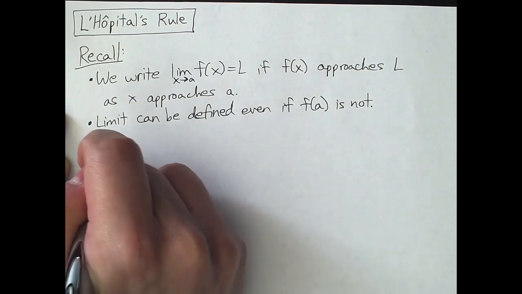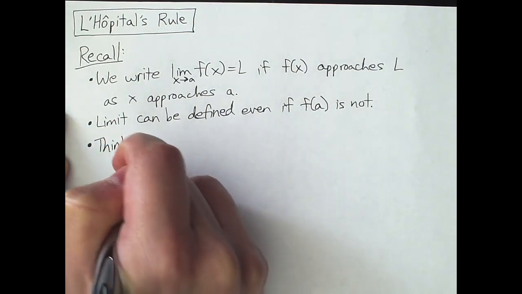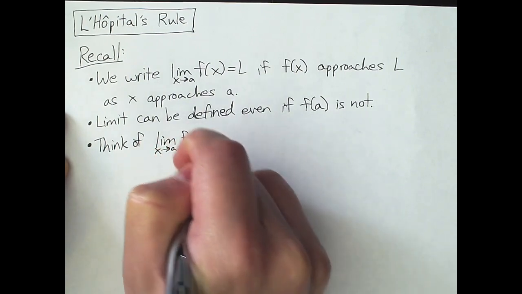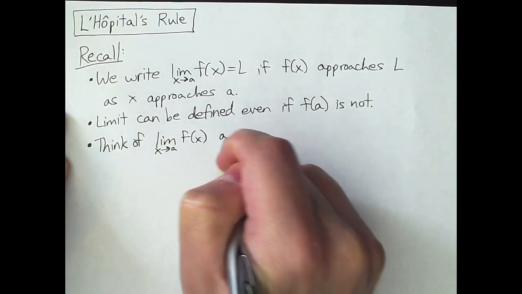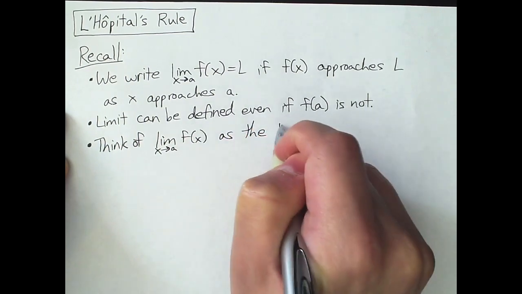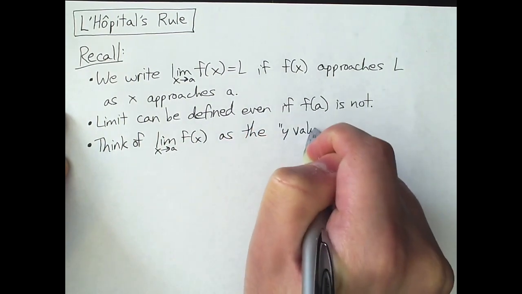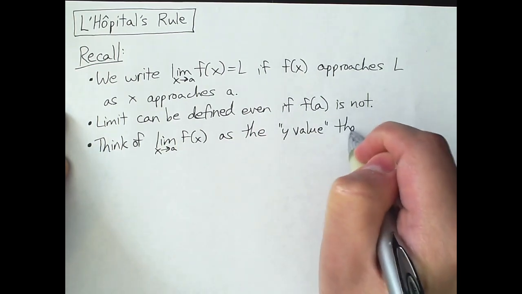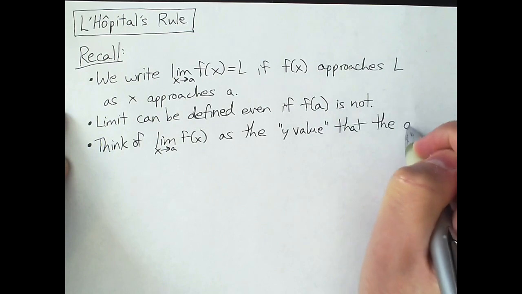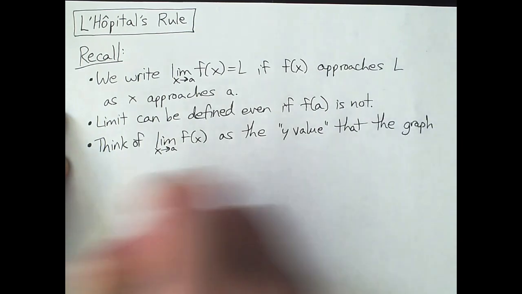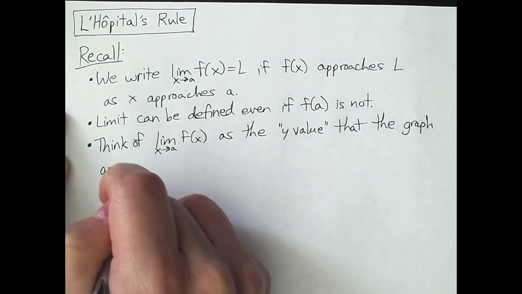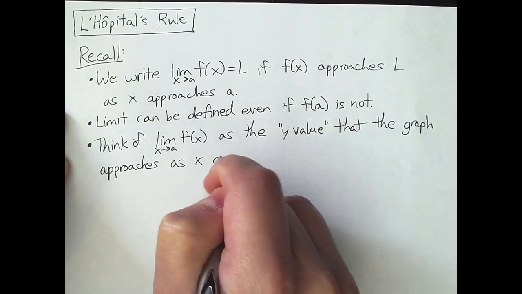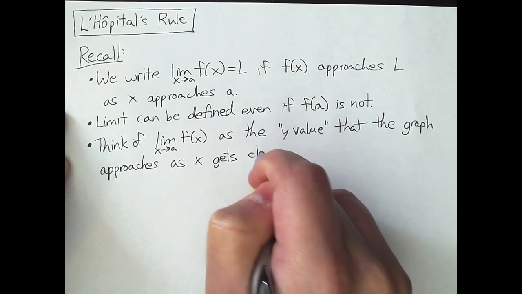Informally, we can think of the limit as x approaches a of f of x as the y value that the graph approaches as x gets closer and closer to a.